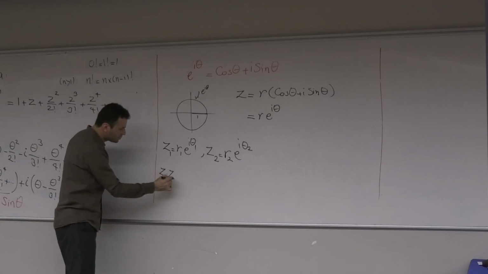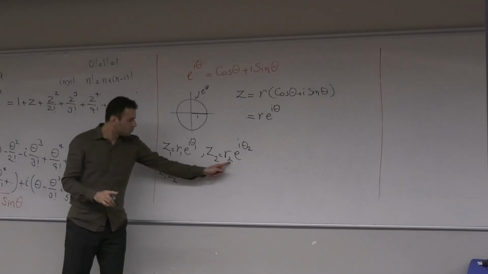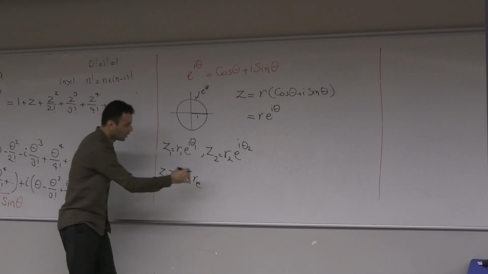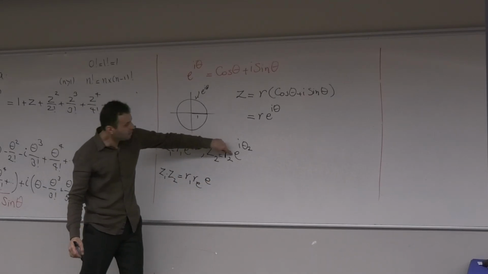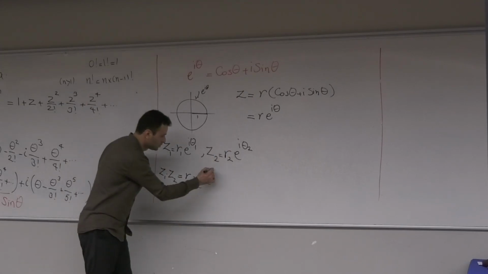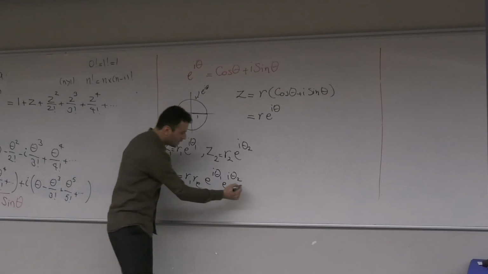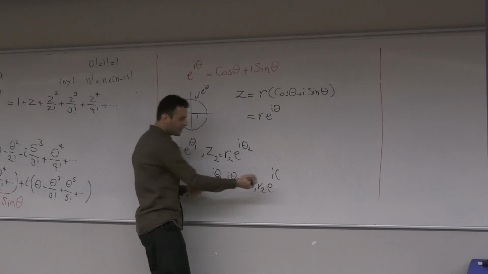But what is z1 times z2? We are just going to multiply their r1 and r2 values, so it's going to be r1 r2, times e to the power of i theta 1 multiplied by e to the power of i theta 2. Which you can write as r1 r2 e to the power of i times, just add these two, right?